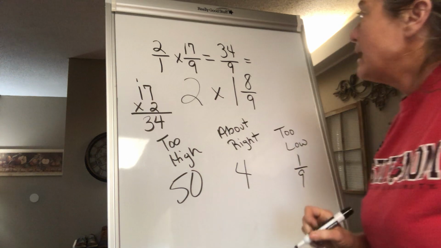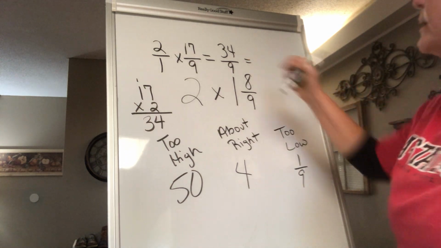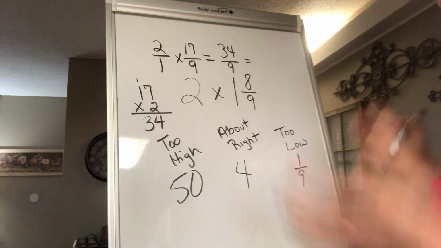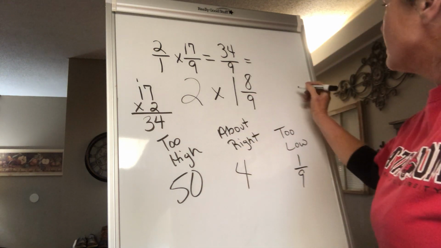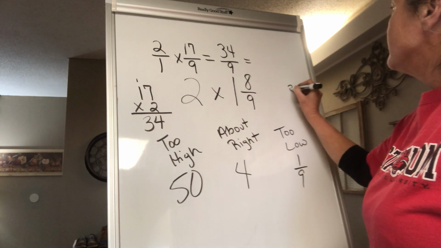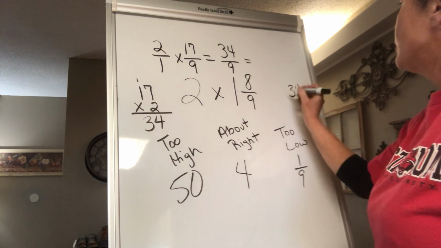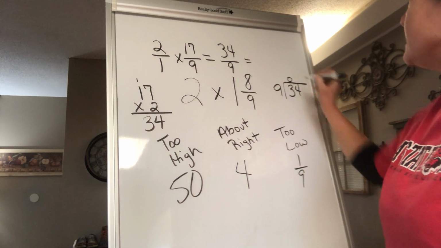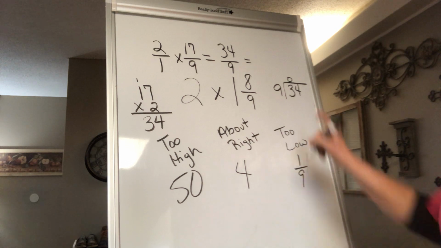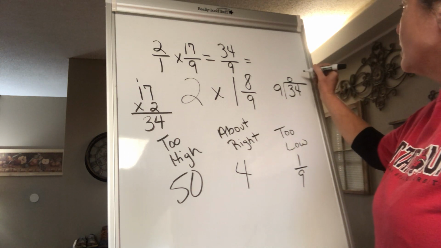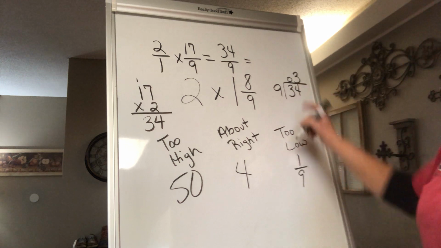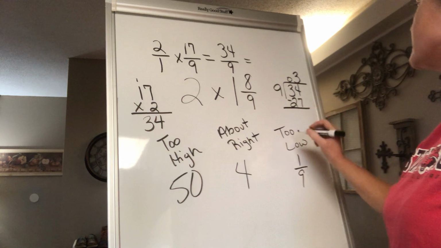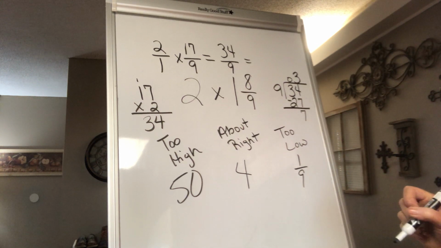Now, I also know that I can now take this big improper fraction and turn it back into a mixed number so that it's a number that's easier for me to work with and think about. So I would do it just like I divide and say it top to bottom. 34 divided by 9. 9 won't go into 3, so placeholder 0. 9 goes into 34 3 times. 3 times 9 is 27, and I subtract, and I get 7 left over.